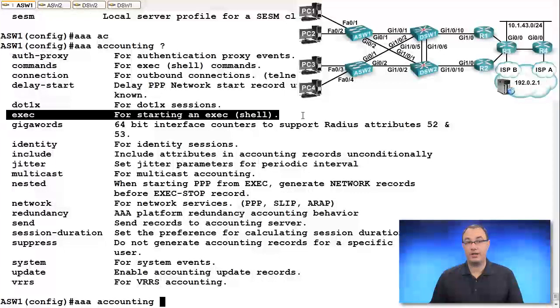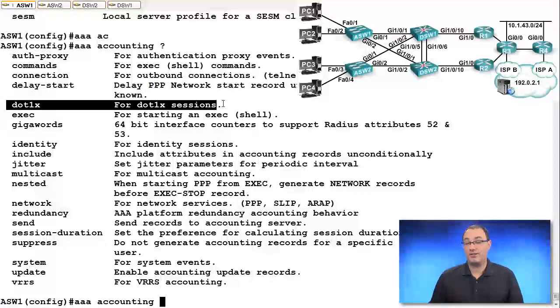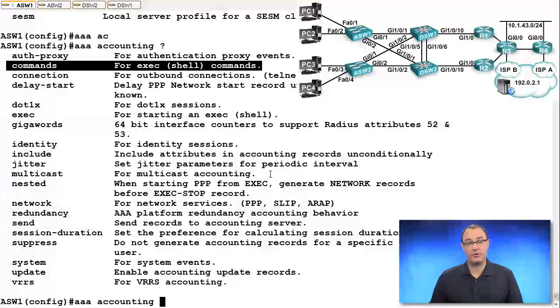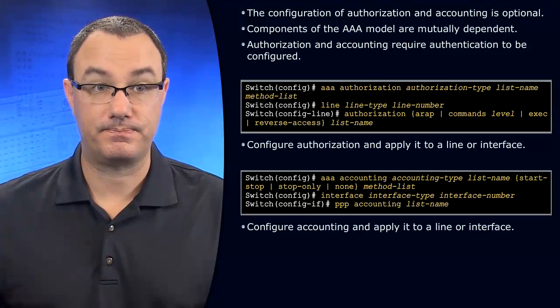Is it for the exec process? Is it for connecting to the network via 802.1X authentication? For exec shell commands? Okay, so that's the sort of thing that we can do.